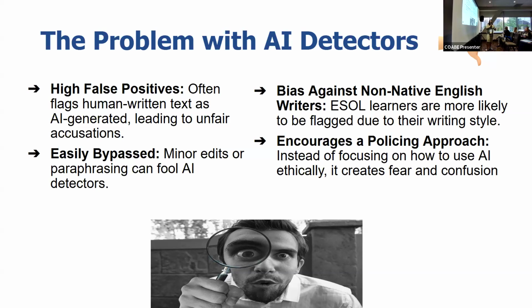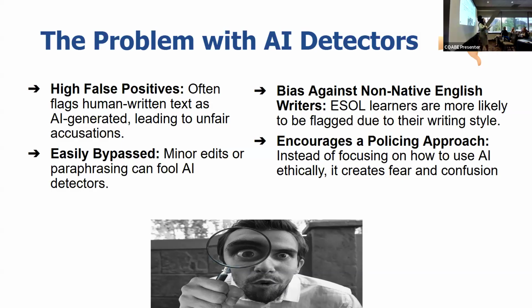And when they do, there are more false positives. Okay? They often flag human written text as AI generated, leading to unfair accusations. You've heard stories of university professors accusing a student of AI generating an essay, when truthfully, he wrote it all himself.